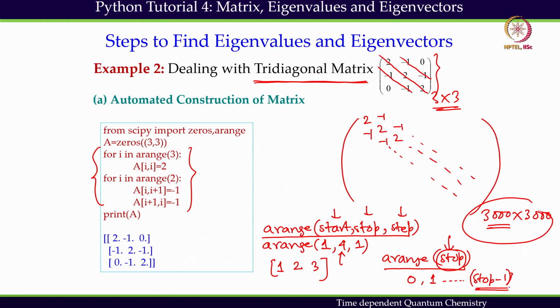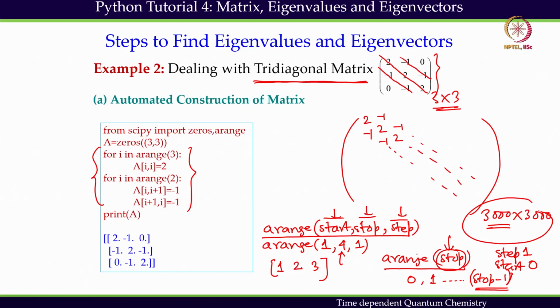So, by default it is taking the step size to be 1, and starting point to be 0. So, that is the default input it will take. So, arange functionality works with both constructs. One construct where we give 3 inputs together, where we can control where to start and where to stop and what is the step size.